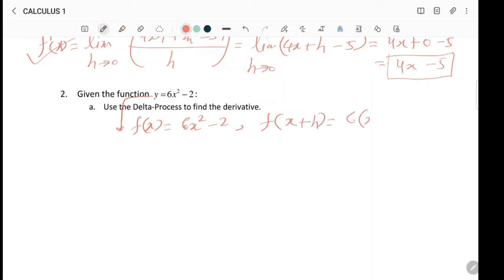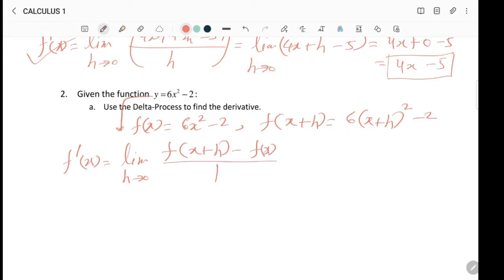So this is 6(x plus h) whole square minus 2, right? And we know that f dash x equals limit h tends to 0 of f of x plus h minus f of x over h, right?